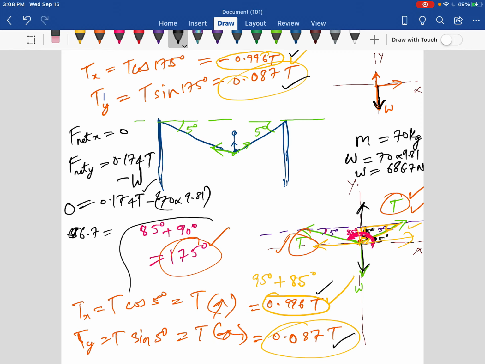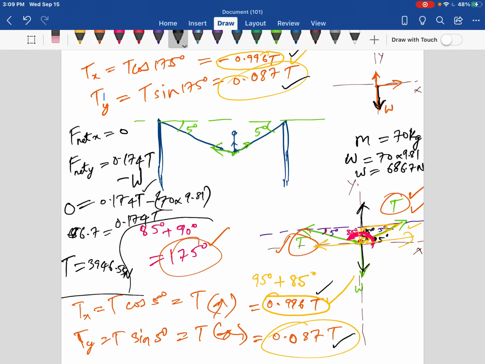And over here we have 0.174 T. So to find the value of T, you just have to divide this with this number. So let's divide this with 0.174. The value of tension I have right now is 3946.55 newtons. So that's the process, guys.